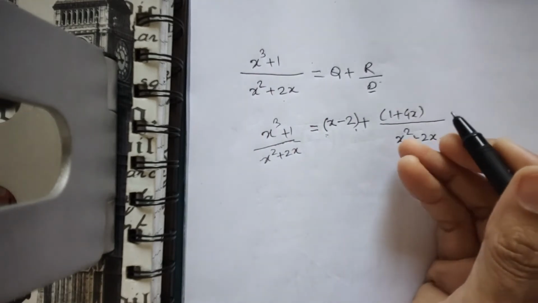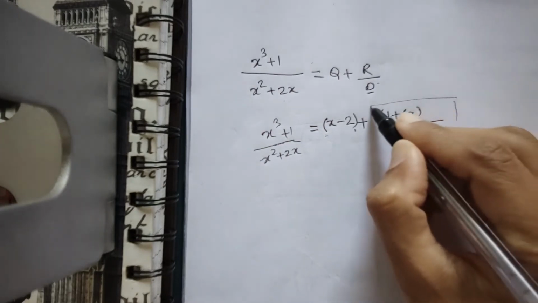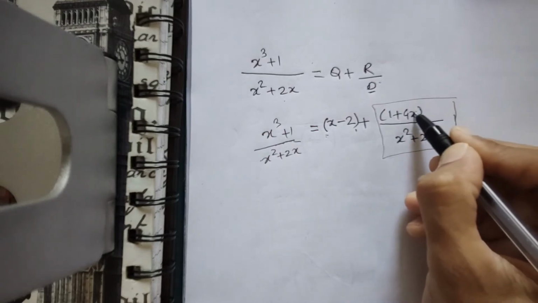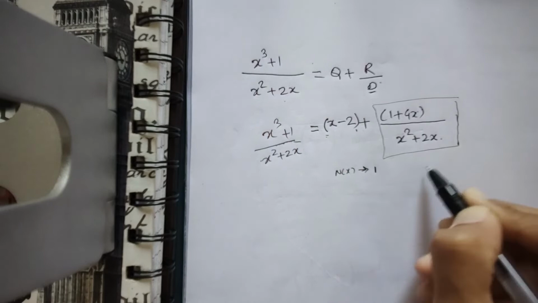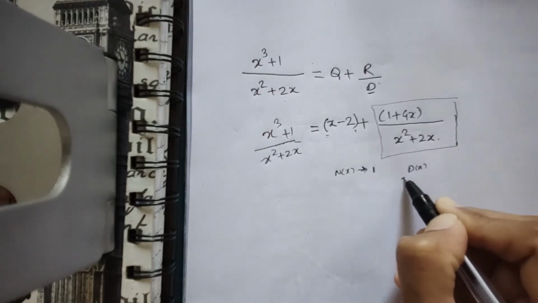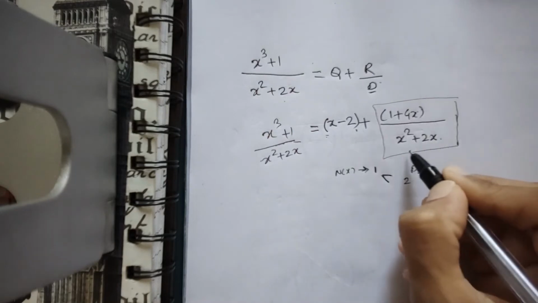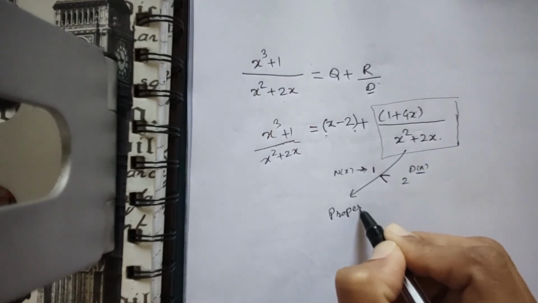It's a simple term. The fraction is this second part. Now what is the degree of the numerator? The numerator's degree is 1. The denominator's degree is 2. So the numerator's degree is less than the denominator, so it is converted into a proper fraction.